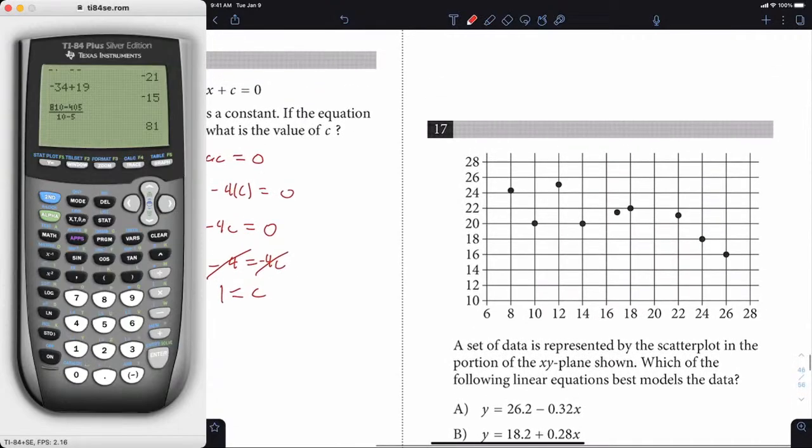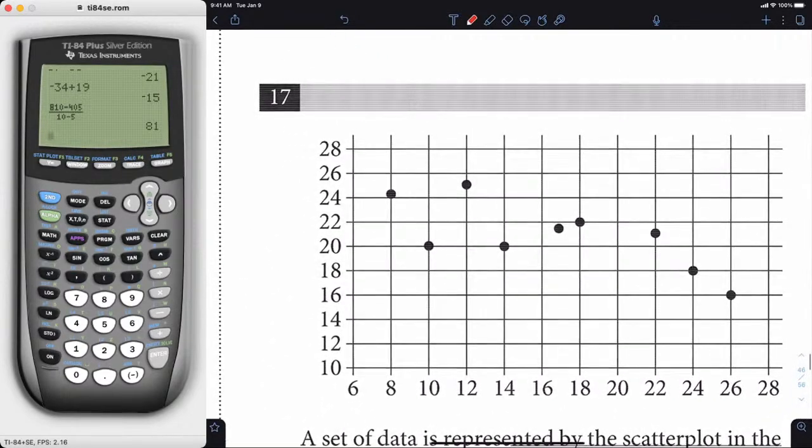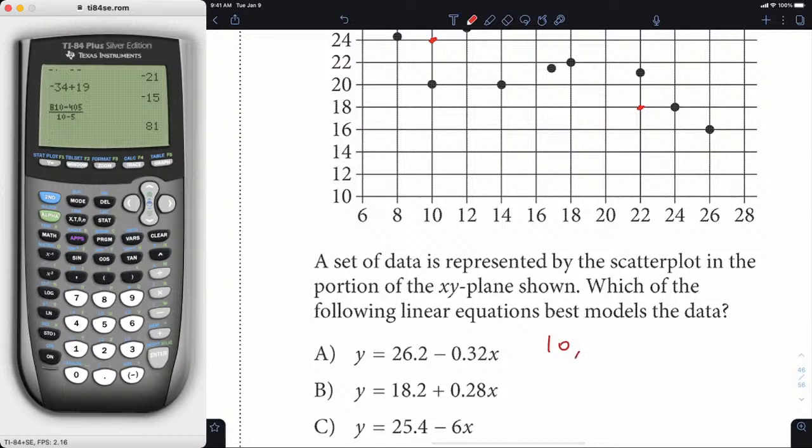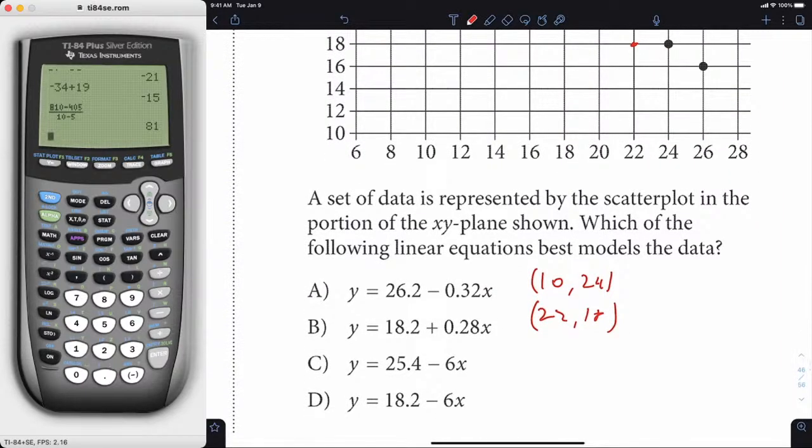So what we're going to have to do here is just pick some points and solve. So I'm going to pick this point right here. And then I'm going to pick this point right here because it looks like they're on the line of best fit, right? So I get, that's 10, 24. And this point over here is 22, 18. And again, I'll do y2 minus y1. So I'll get 18 minus 24 over 22 minus 10.